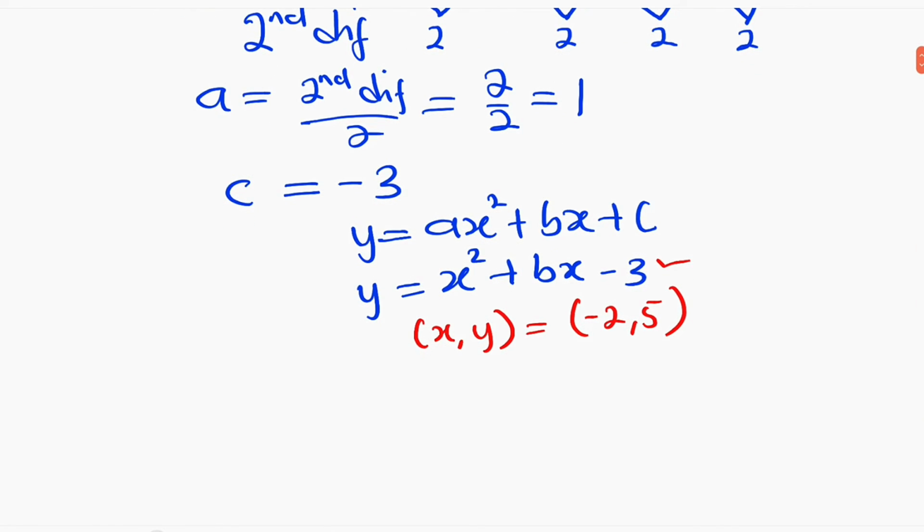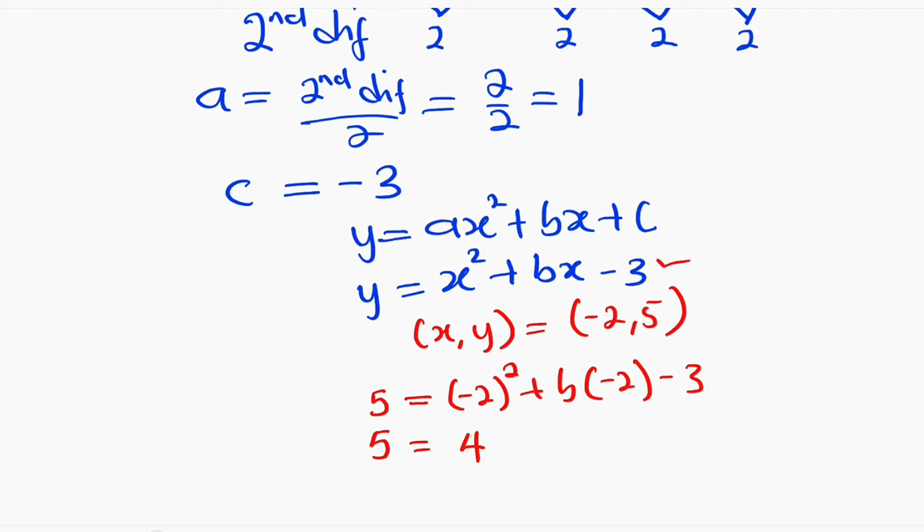You can see that y is equal to 5, so we have 5 here, and this is equal to x is -2, but this is squared, plus b multiplied by x, which is -2, then -3. 5 is equal to 4 because negative 2 squared is 4, minus 2b because b multiplied by negative 2 is negative 2b, minus 3.